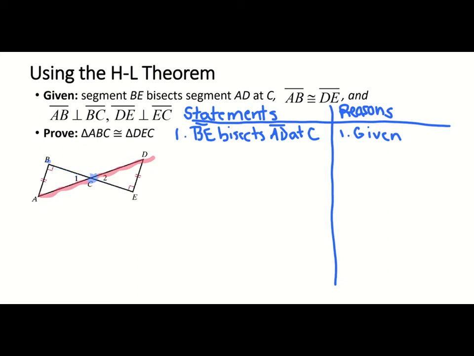But if AD is bisected, that means it's cut into 2 equal parts, so I know that segment AC is congruent to segment DC. And that is just simply your definition of a segment bisector.